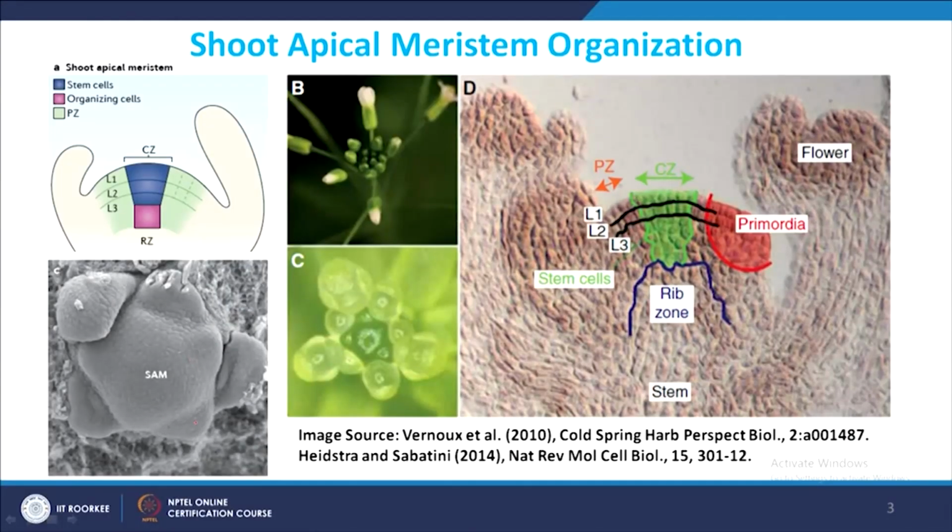On the other hand, if you have more differentiation activity, then meristems will be consumed early. Under both conditions, you are going to see abnormal growth and development. So, both processes have to be coordinated.